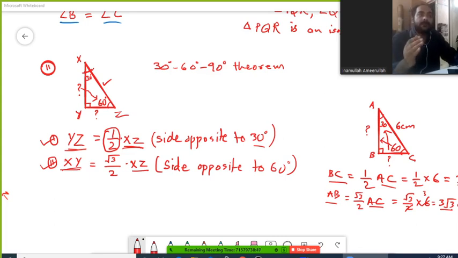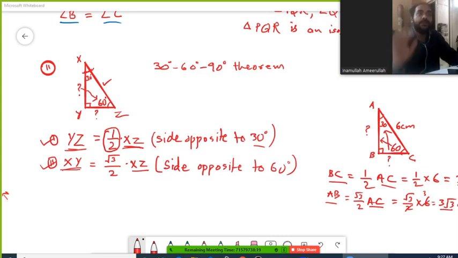But with Pythagoras theorem, we cannot find two unknown sides if only one side is known in a right angle triangle. So this is the limitation, and that is the reason the 30, 60, 90 theorem can be used in a right angle triangle to get the unknown sides if one side is known, because we cannot apply Pythagoras theorem there.